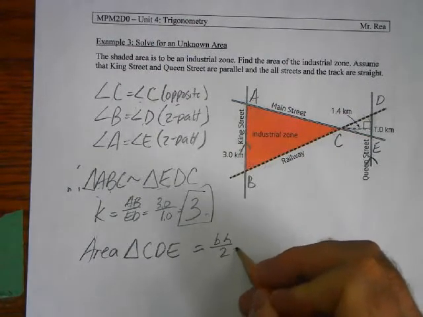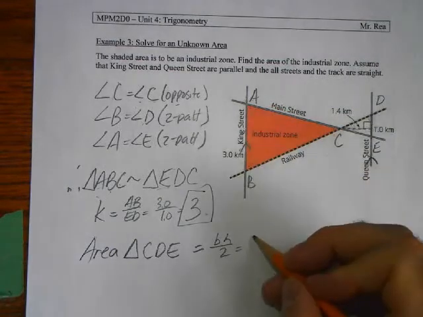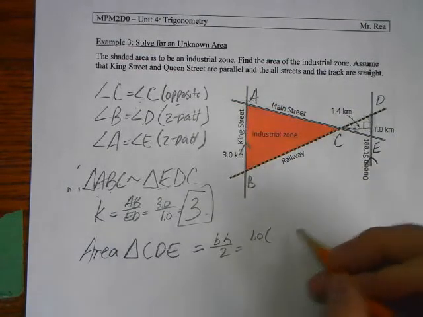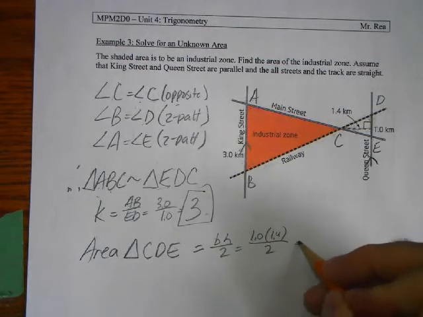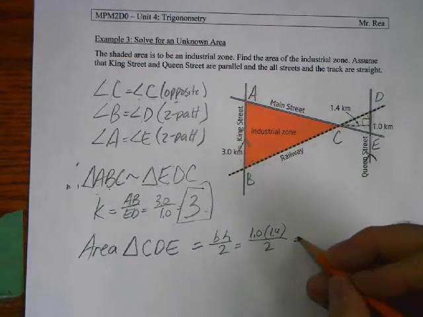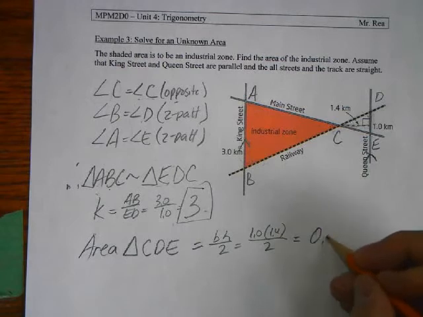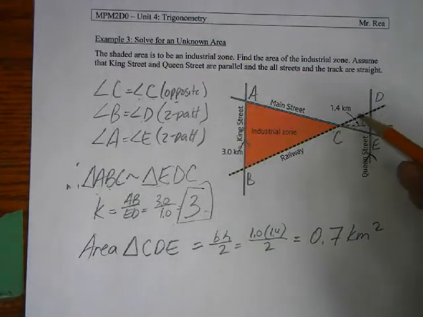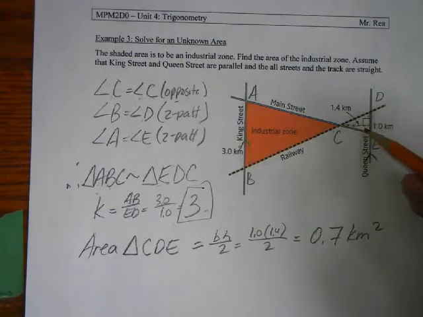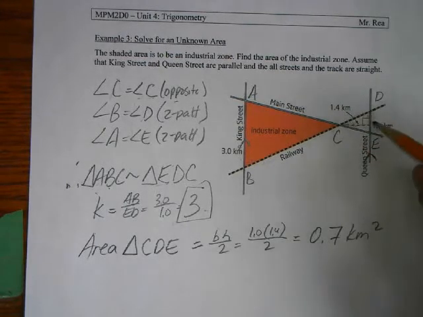The base is 1.0, the height was 1.4, divided by 2. If we do that math, we get 0.7, and the units are kilometers squared. So the area of that triangle, or that zone, is 0.7 kilometers squared.